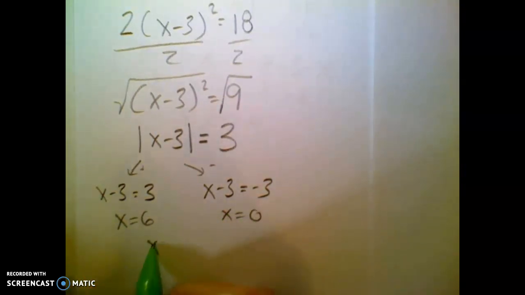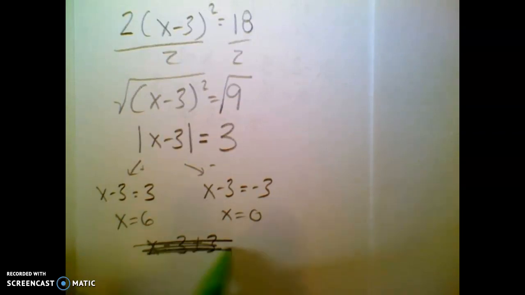But I do not want to see x equals 3 plus or minus 3, because you can actually do the math. X equals 3 plus 3 is 6, x equals 3 minus 3 is 0. So I do not want to see this. I do want to see the two separate answers when they actually are separate answers. The only time you write it like this is when there's a radical in there somewhere.